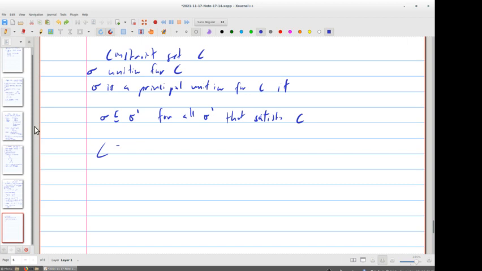Suppose we've got one that looks like this. There's one equation that says x equals num, and another equation that says y equals x arrow x. This is a constraint set.